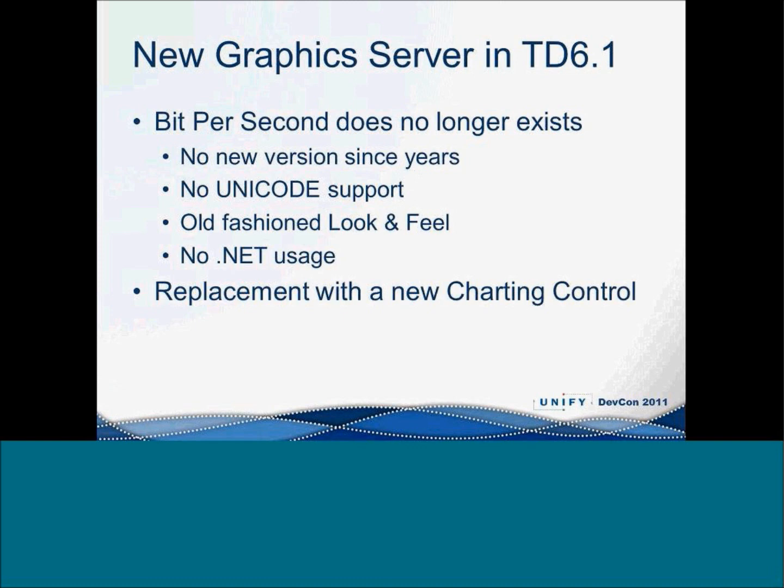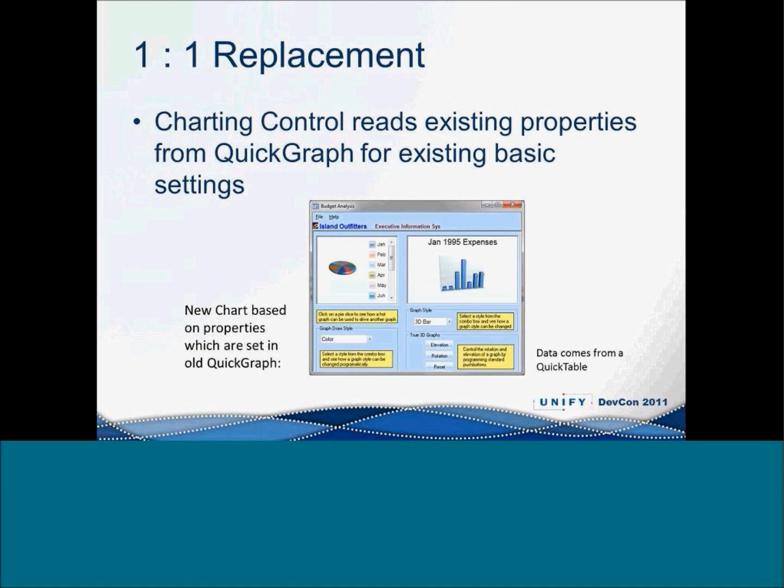We looked for a replacement, and we found something which could be used inside your applications without any changes of source code. So it's a one-to-one replacement. That means the charting control reads existing properties from your sources, from the grid graph, for existing basic settings.